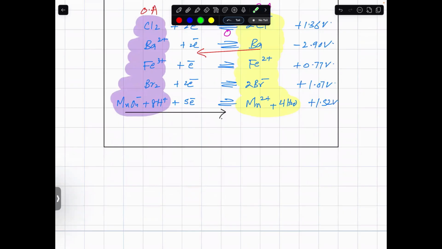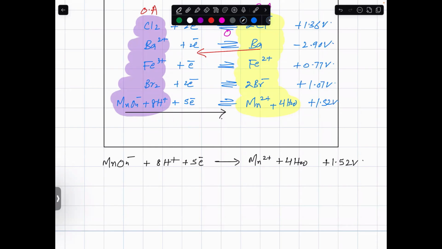How will you construct the redox reaction? Look, you will keep this the same way, going in the forward direction. MnO4 plus 8H plus 5 electrons gives Mn2 plus 4 water. The E naught value is the same.